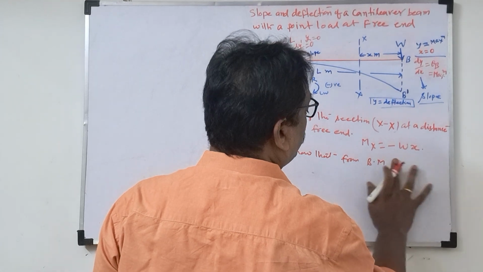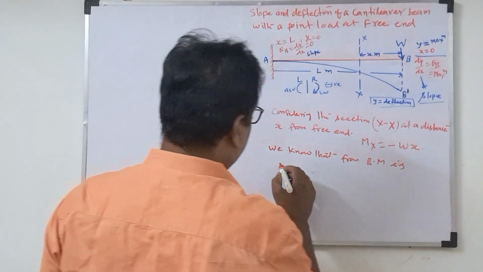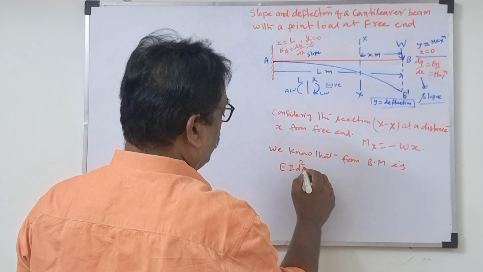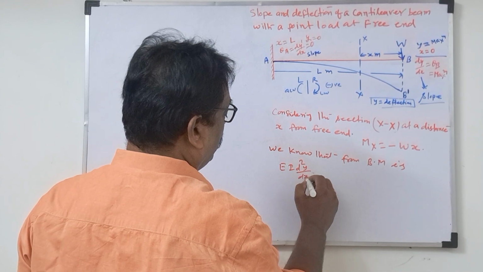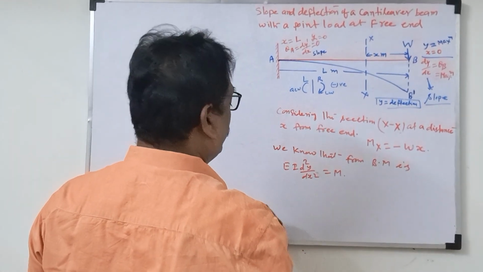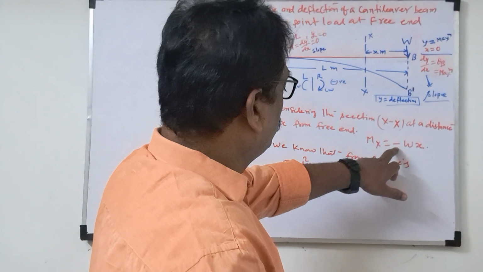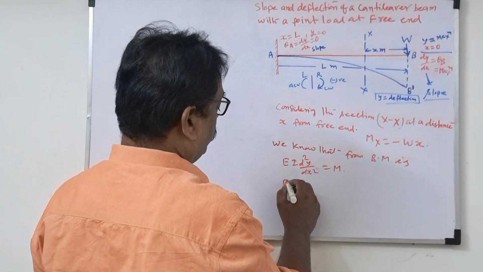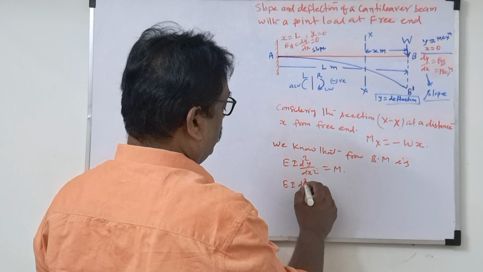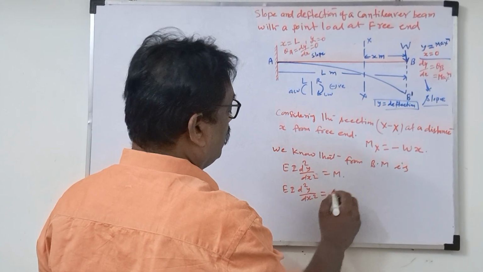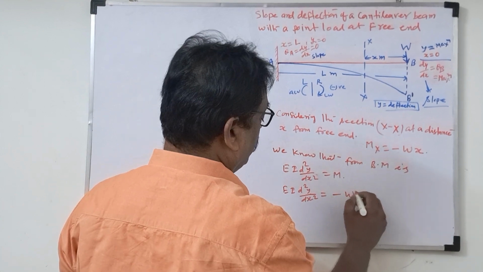We know the bending moment equation is EI d square y by dx square. Now we substitute the bending moment here: EI d square y by dx square equals minus Wx.